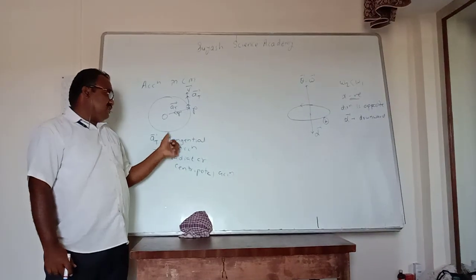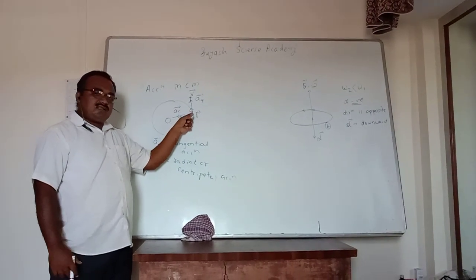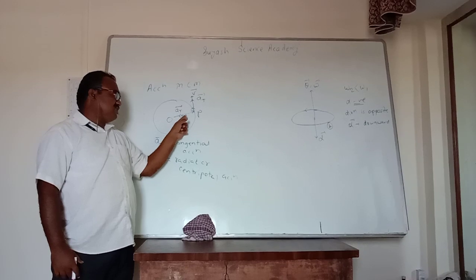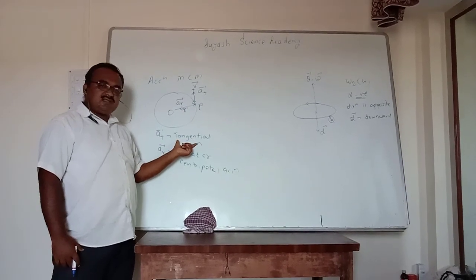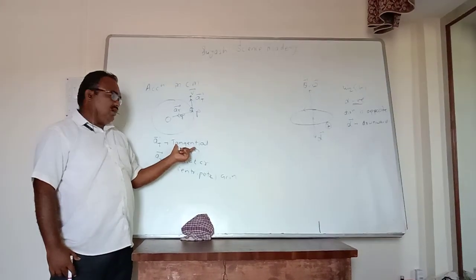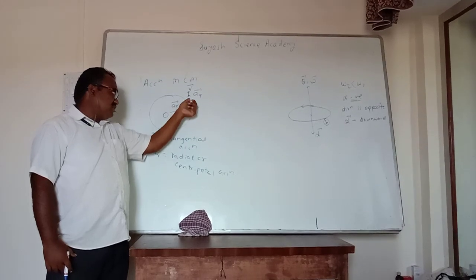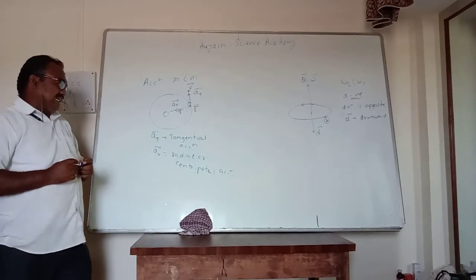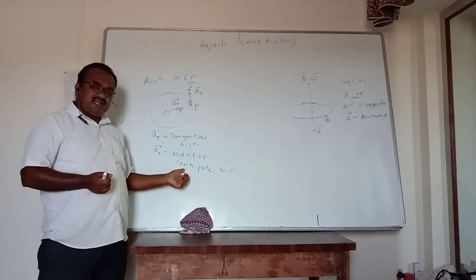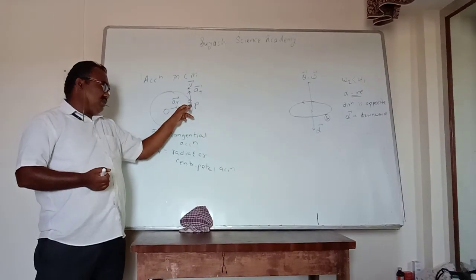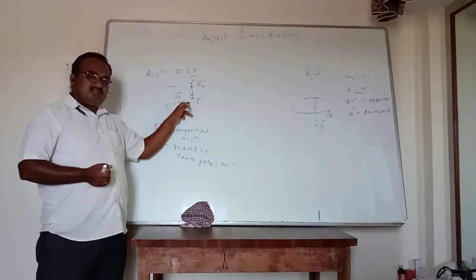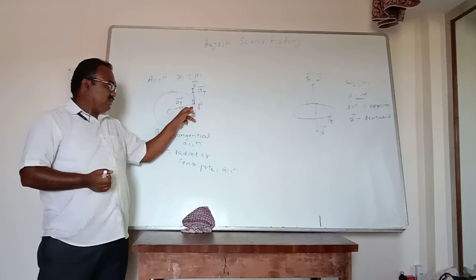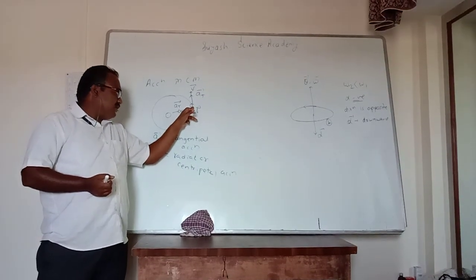The acceleration which is tangential to the radius vector is called the tangential acceleration. And the radial or centripetal acceleration is the acceleration which acts along the radius, from circumference to center.